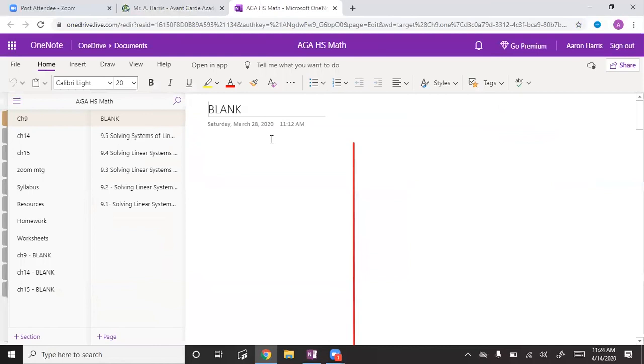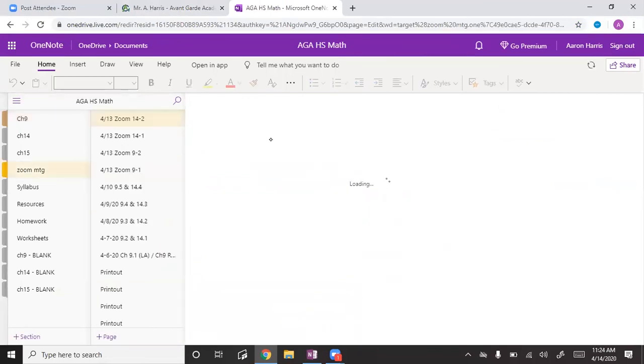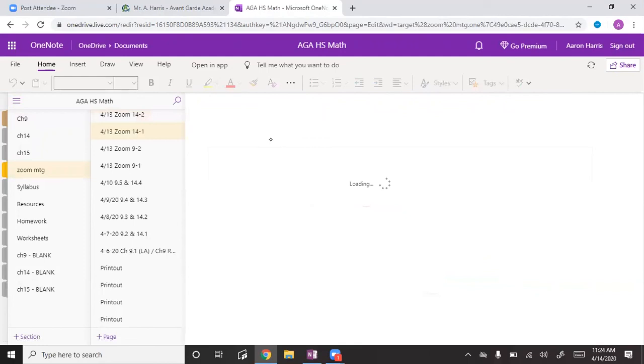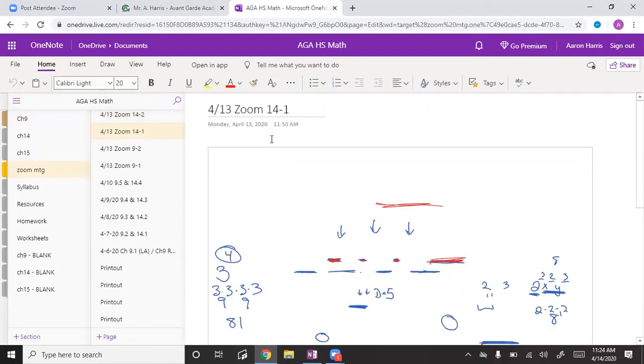That's why I have a link. Just click on the link. Look who's here in Zoom. Everything is here. Y'all don't have to guess. It's all here.